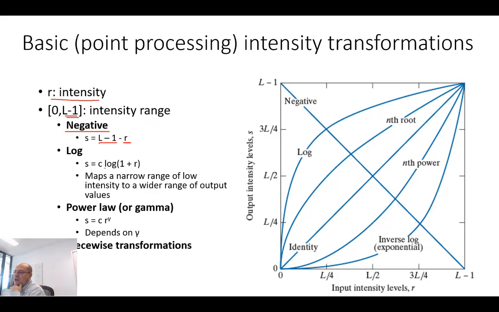We can also apply a logarithmic function to the intensity of the original image. What the log is going to do is map a narrow range of low intensity to a wider range of output values.